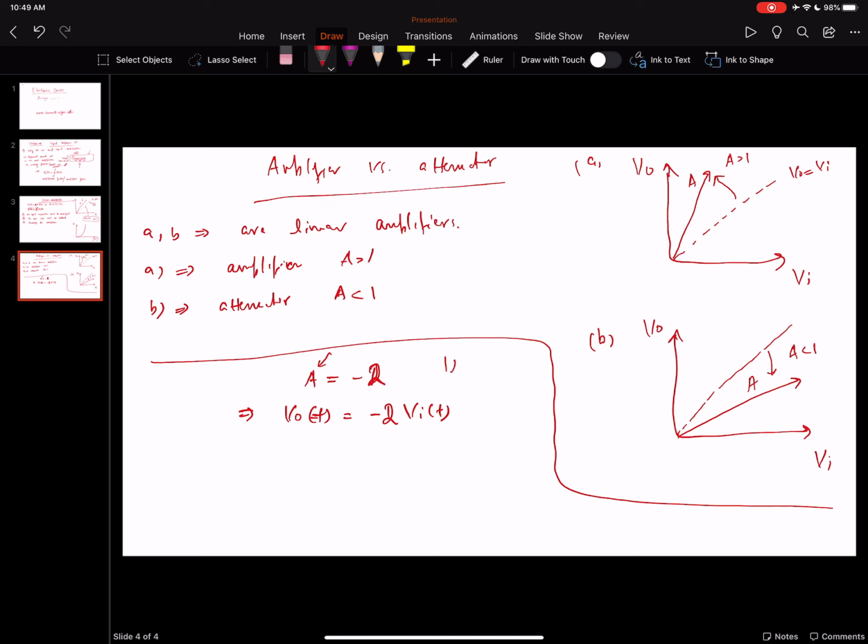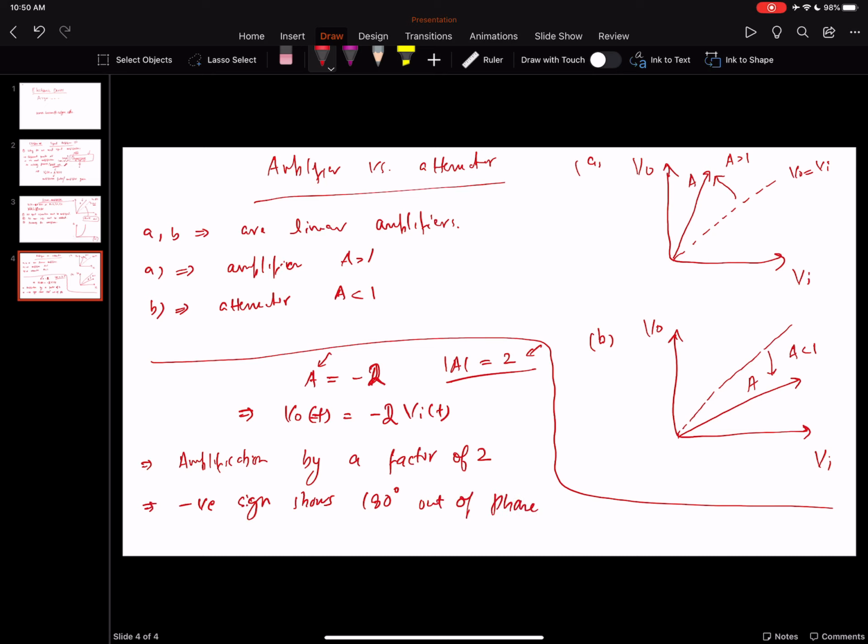So amplification is by a factor of 2, and the negative sign shows a 180 degree out of phase output.